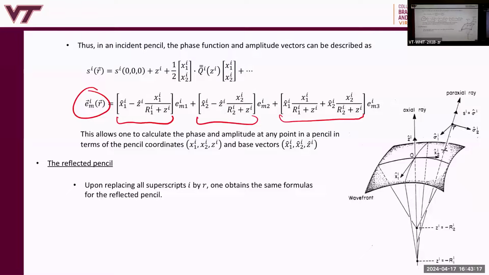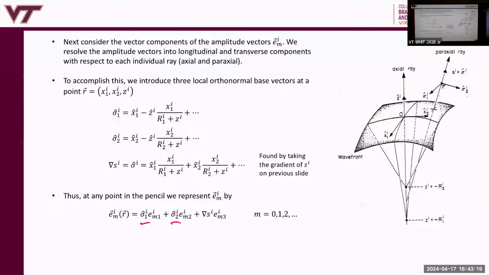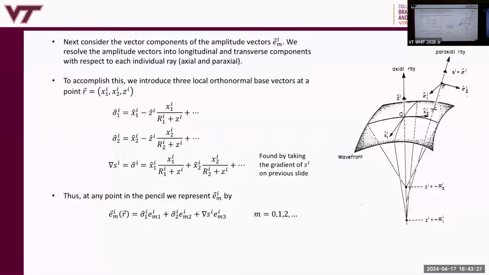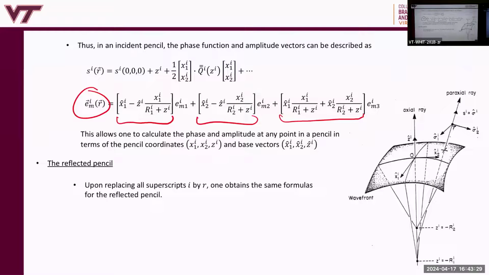Because we said here, this sigma 1 hat, sigma 2 hat, gradient of S, well, those are these expressions here. If you substitute those into here, then you get these expressions, all right? So I will do an example where we do calculation of some wavefront reflecting off of a surface, all right? And I'll show you the code and we'll go through that whole example next lecture. So you'll see how it's a lot easier than it looks, all right?